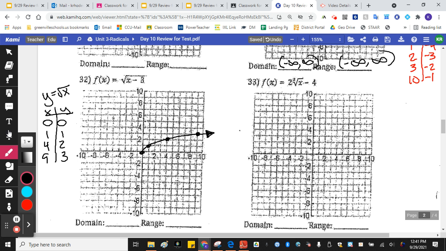-3 inside the radical is right 3. Right 3. So I'm adding 3 to all my x values, or I'm just moving all these points right 3. 1, 2, 3. That one's off the graph.